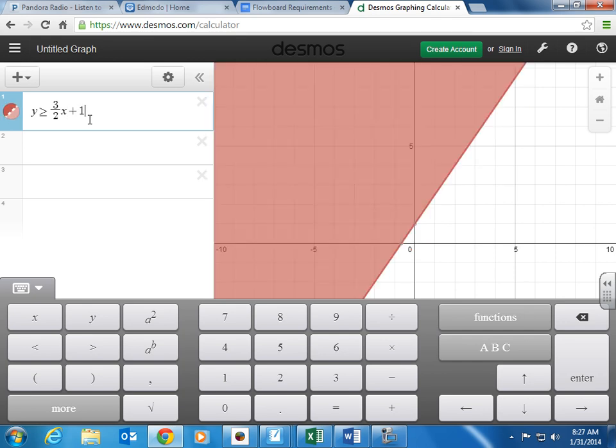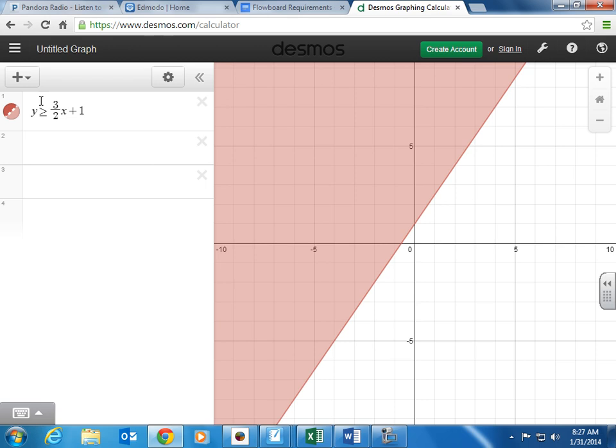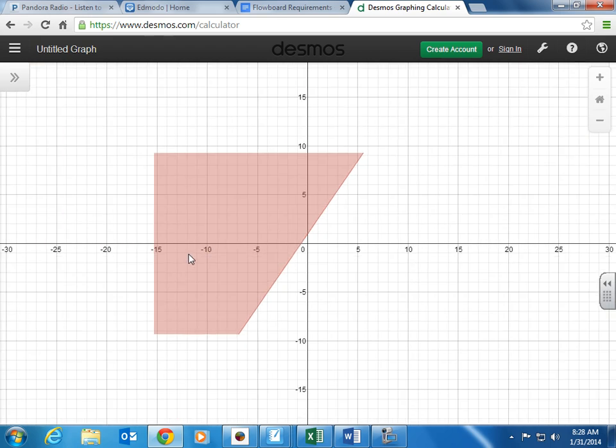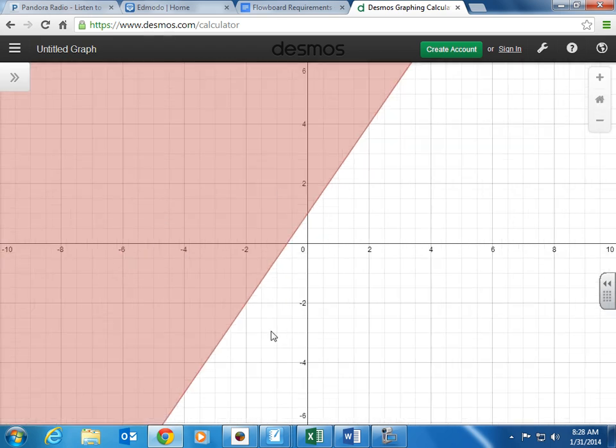As you can see, if it had been an equal sign, we would just have that red line right there. But because it's greater than or equal to, I shaded above the line. It's a solid line, meaning the solutions are on that line, and we shaded above the line. So this is my solution set, all this red stuff. I can zoom out, and you can see there are lots and lots of solutions.